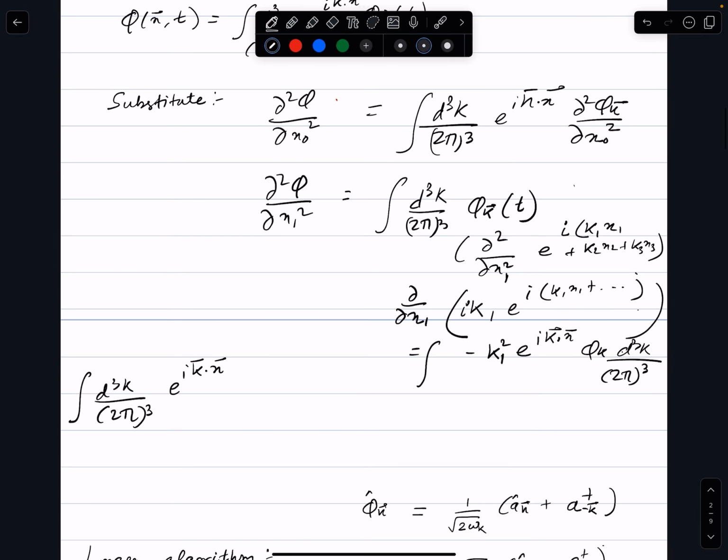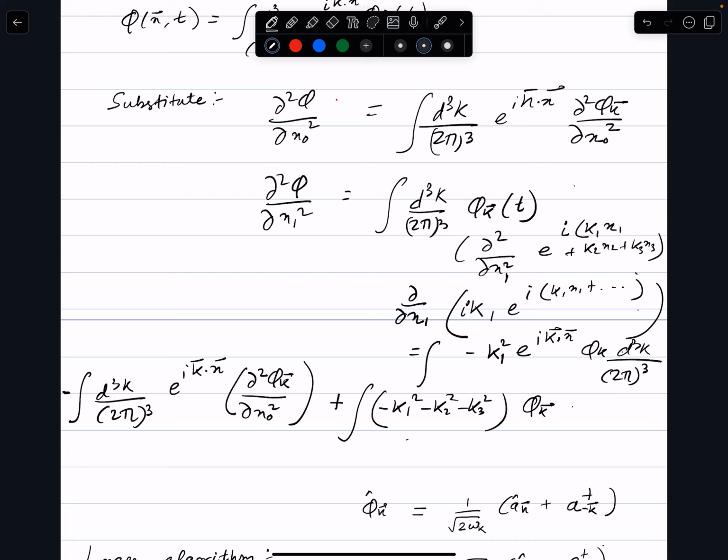So this is minus ∂²φ_k/∂x² and I get plus minus k1² minus k2² minus k3² times φ_k, with d^3k over (2π)^3, and also e^(ik·x) here.